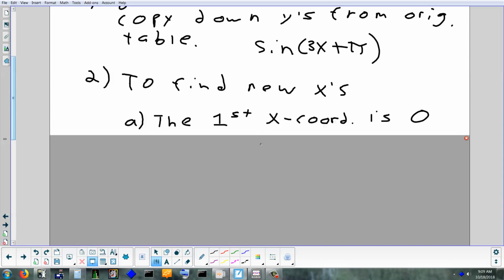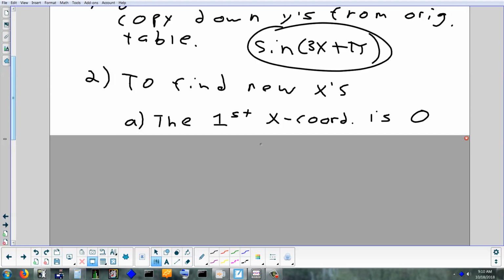Now, why wouldn't it work for this one? Because the first x coordinate is not 0. It's been shifted. You've taken the graph and shifted it pi units to the left. So the first x coordinate is no longer 0, which means if you stretch or compress a number that's not 0, you get a number that's not 0. So this method wouldn't work for that problem.